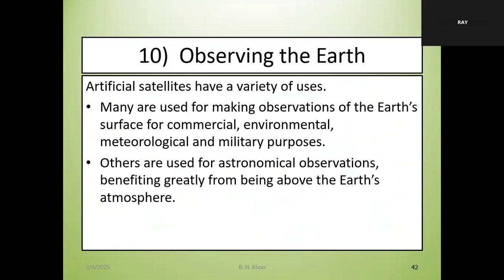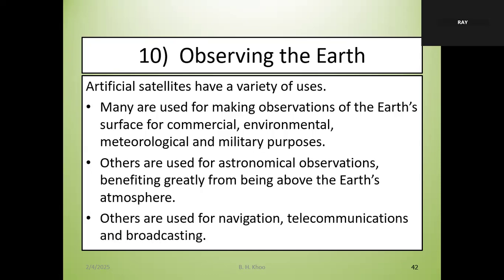Spying on a country, to see whether they have built a nuclear power station or nuclear bomb. Others are used for astronomical observations, benefiting greatly from being above the Earth's surface. They can observe the stars using a satellite. Others are used for navigation, telecommunication, and broadcasting.